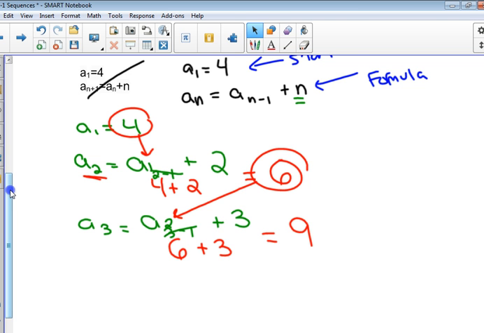If anybody wants to do it out, feel free. It changes a little bit because it's a 3 and it's a 4.